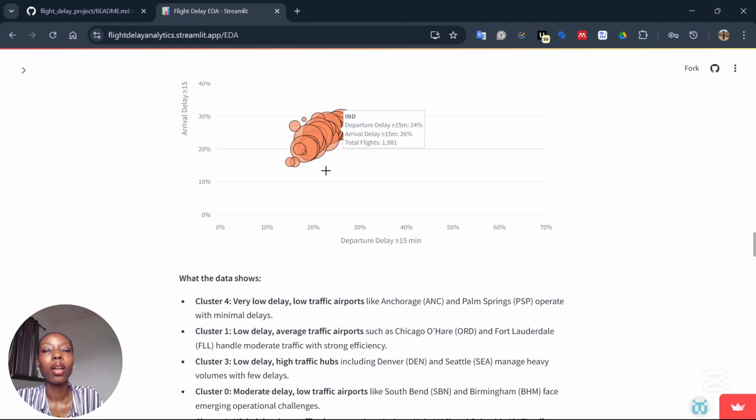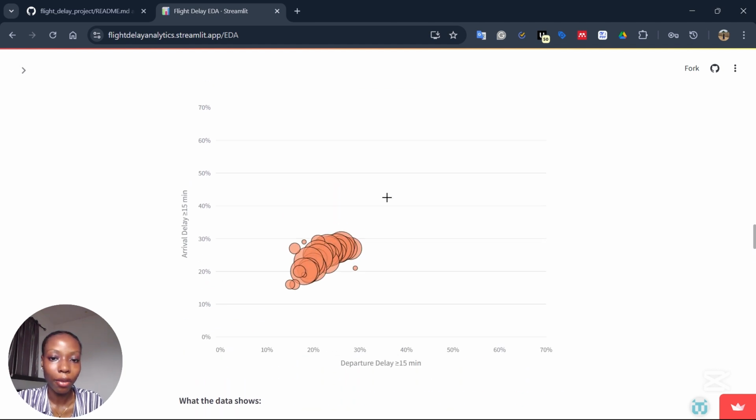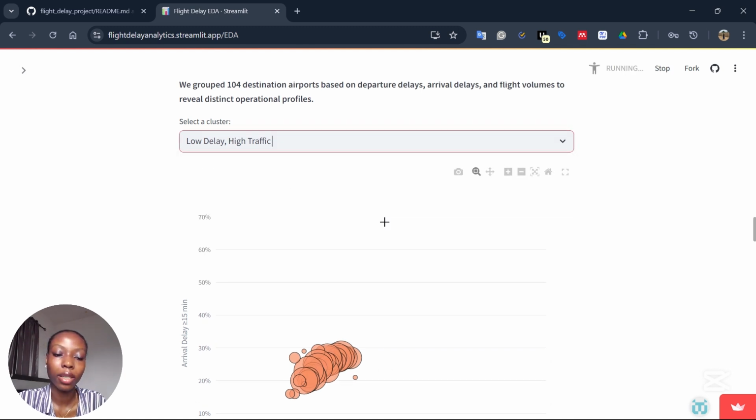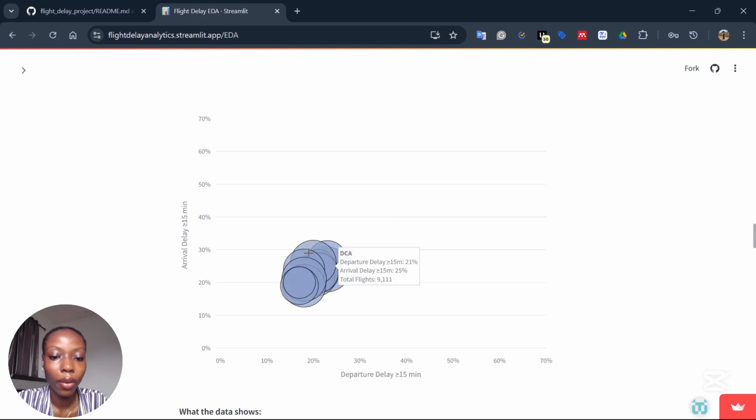So these airports tend to manage traffic efficiently despite having high traffic; they still manage to handle delay efficiently. We can see this cluster mostly has total flights above 8,000.